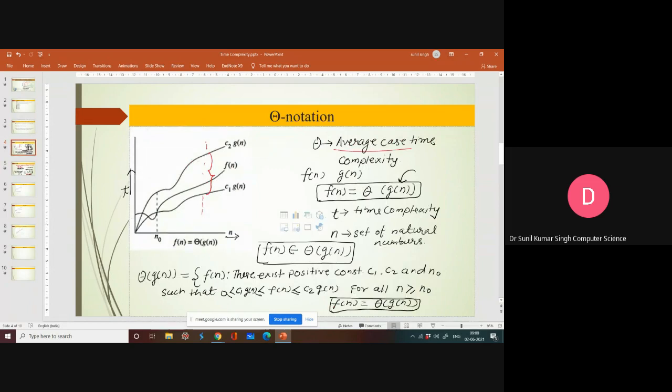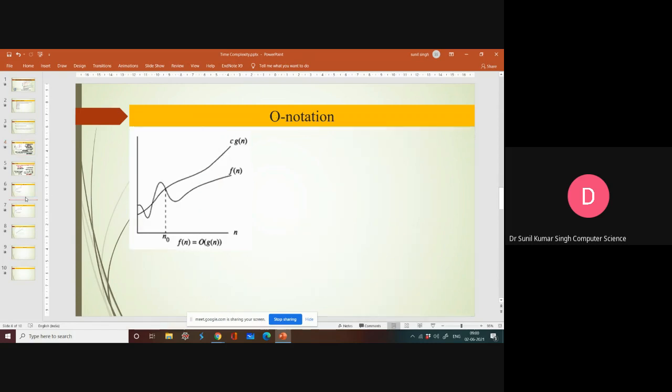For most algorithms, when someone asks us to tell the time complexity of the algorithm, we usually tell it in terms of its average case, I mean theta notation. And many times we use the big O notation also for telling the worst case time complexity. So let's discuss the worst case time complexity.